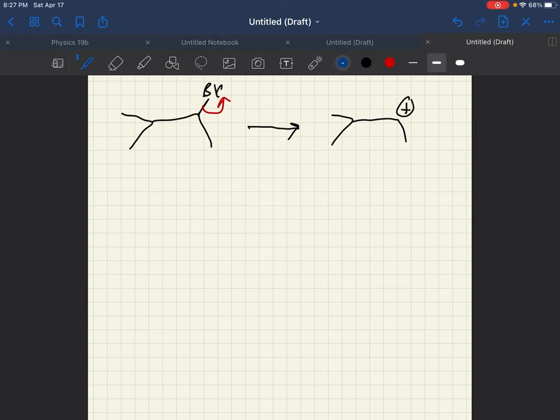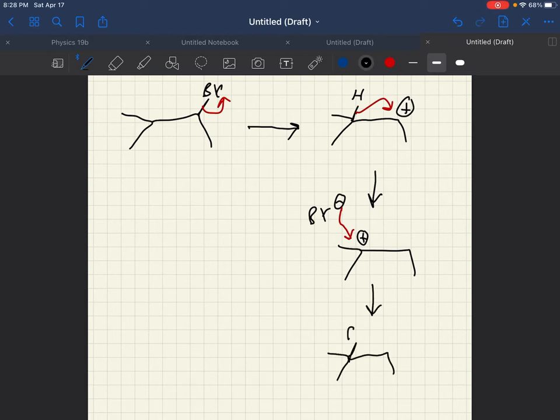However, that's not our most stable carbocation. So then what could happen is our hydrogen could shift over, and then once that happens, boom, tertiary carbocation. And then just for the heck of it, let's say the bromine comes back in because it's still just floating around and attacks, and that would form a product that looks like this.